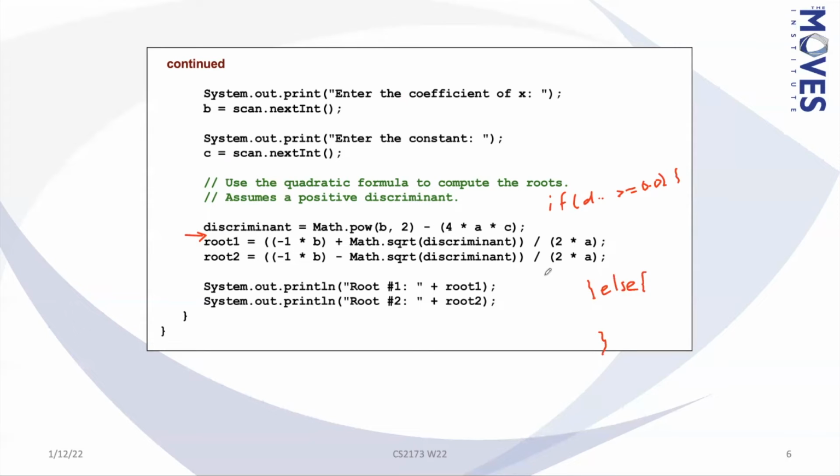So in that case, you can do one of two things. You can say, oh, by the way, you've input bad data, or what would be more user-friendly is you can compute the complex roots, which you can easily do.